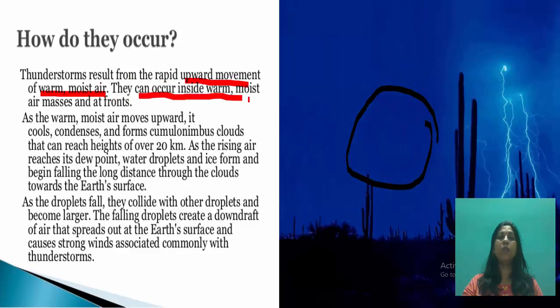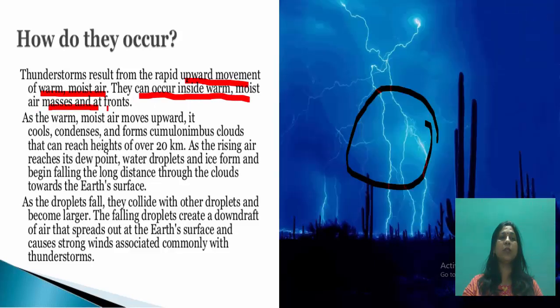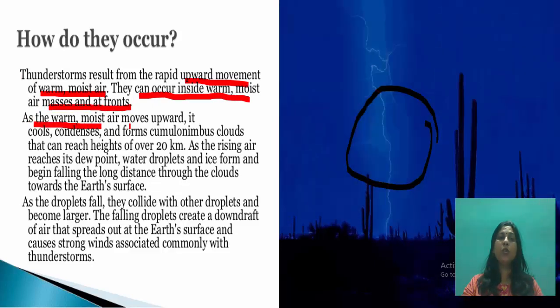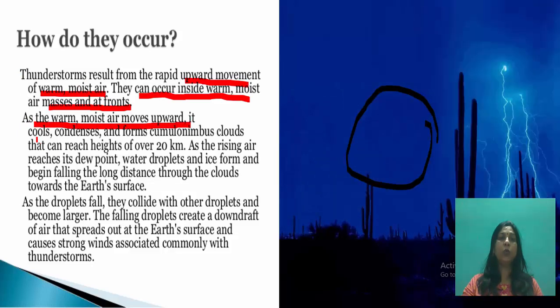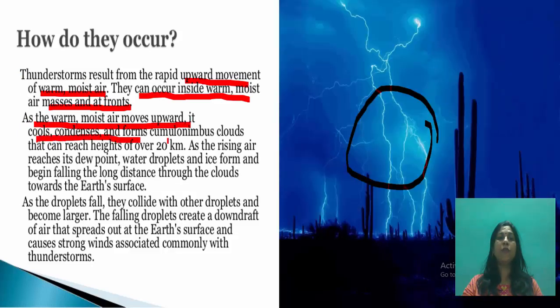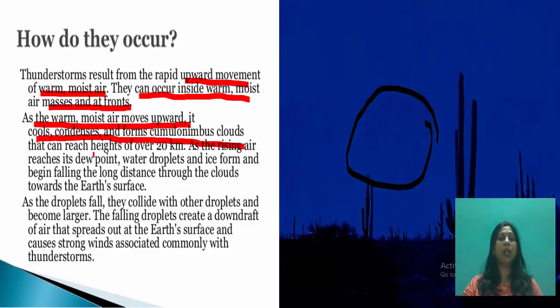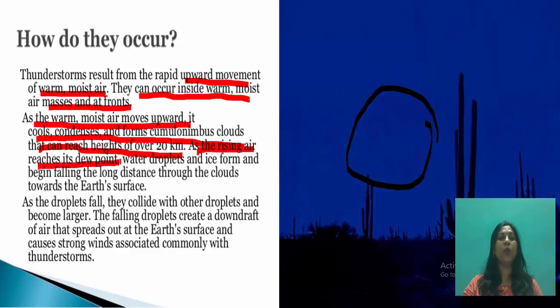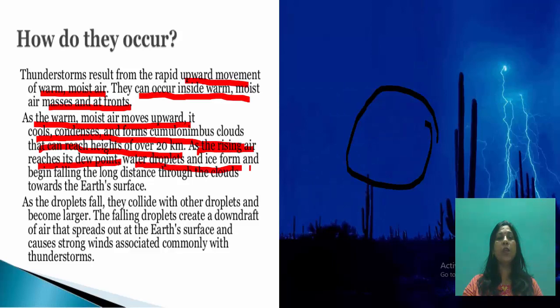They can occur inside warm moist air masses and at fronts. As the warm moist air moves upward, it cools, condenses and forms cumulonimbus clouds that can reach heights of over 20 km. As the rising air reaches its dew point, water droplets and ice form.